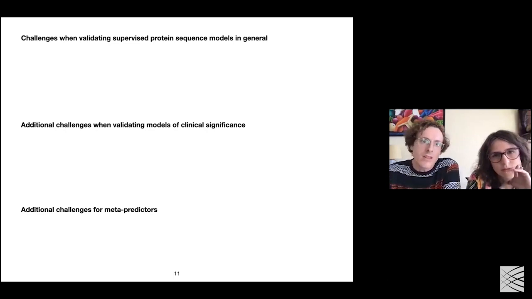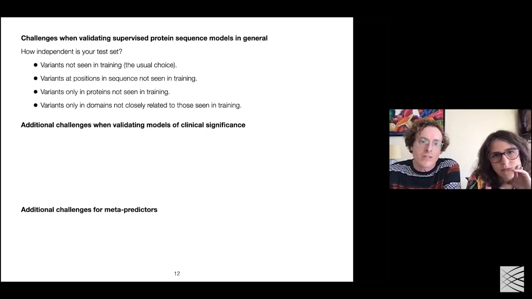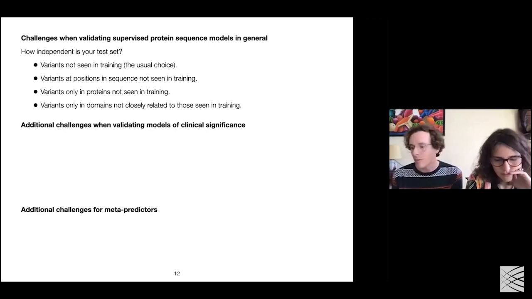So in the first class of issues, it's really a question of, well, how independent is your test set? And we got a flavor of this in June's talk as well. Ideally, when we do test train splits for supervised models, we imagine that the data is independent and identically distributed, but this is not really the case.